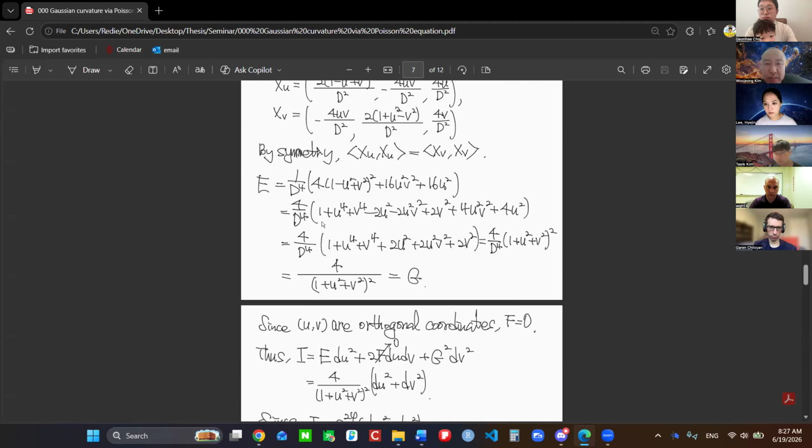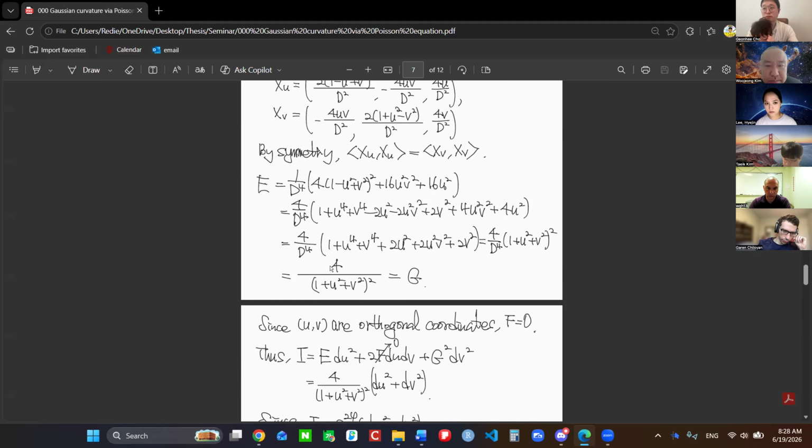After some calculation, minus 2u squared plus 4u squared becomes 2u squared. Minus 2u squared v squared plus 4 times u squared v squared becomes 2u squared v squared, and plus 2v squared. So this part is just a complete square, 1 plus u squared plus v squared.